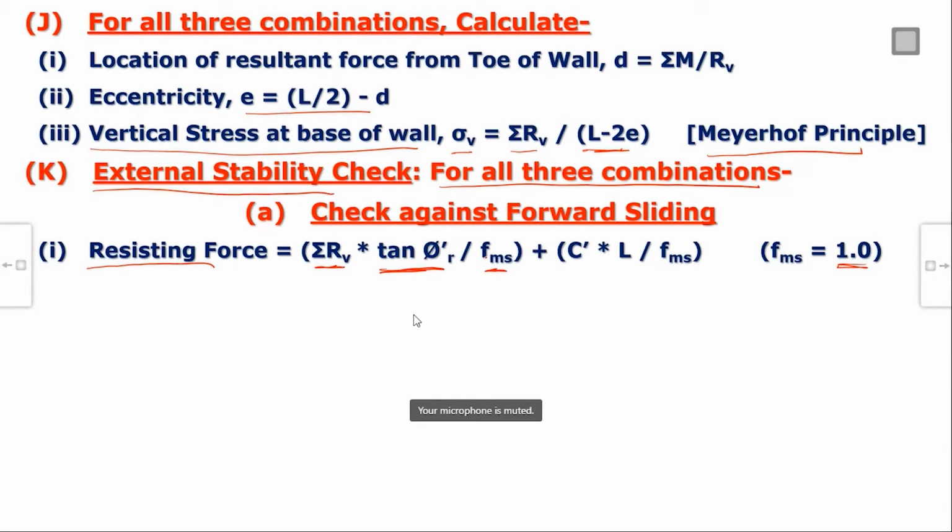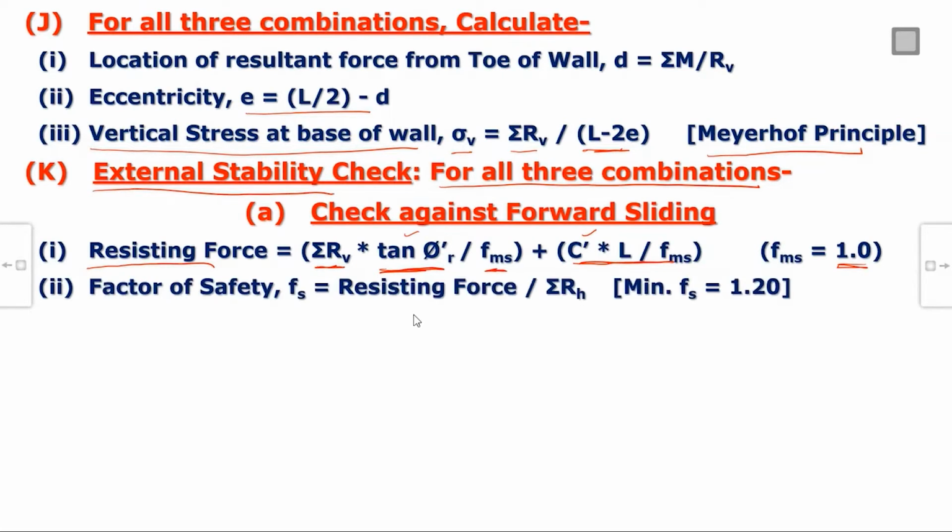resistance or property, so divide it, and this is from phi component and this is from C component friction. So C dash multiplied by L, the length of your total block, again divided by FMS, of course FMS value is 1. So this will be the resisting force from C component of soil and from phi component of soil, and factor of safety against forward sliding will be resisting force divided by disturbing force.